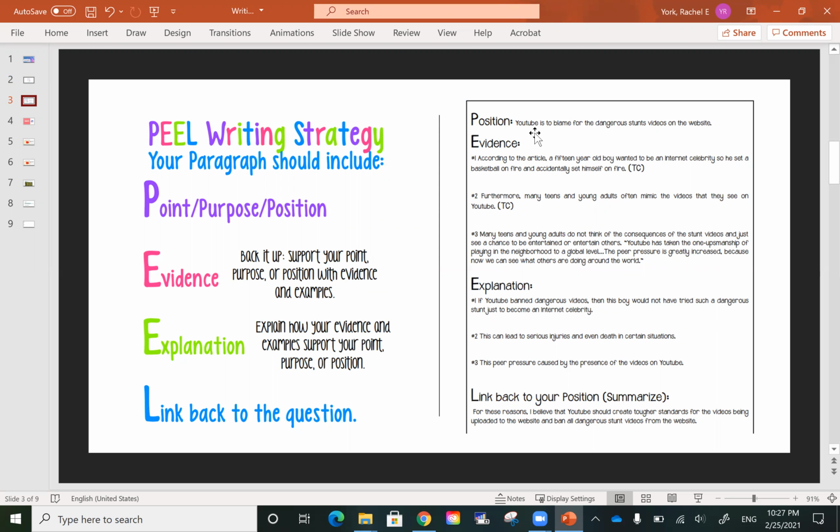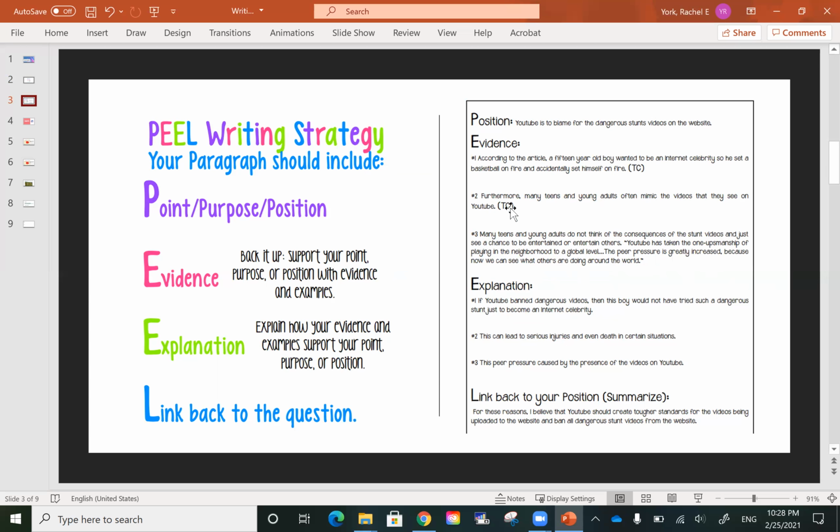All right. That was one of the big things about y'all's claims on y'all's argumentative essays. Some of your claims were not strong and definitive like that. So when you have a position, you need to make sure it's a statement. It's non-negotiable. This is what it is. All right. That is what you need to be here.